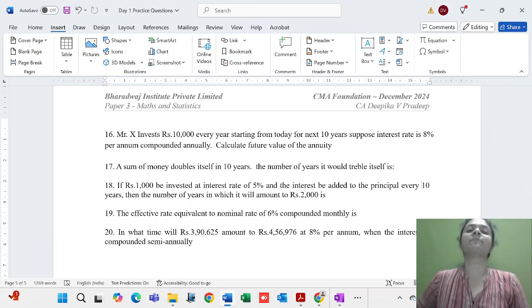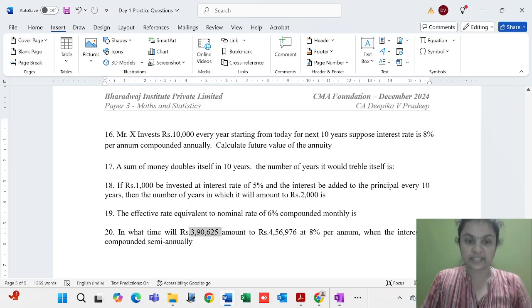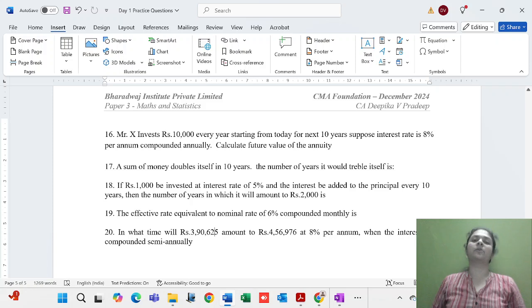Semi-annually means half yearly. So with half yearly compounding, principal is 390,625, amount or future value is 456,976. You are going to calculate n. Remember, here n is multiplied by 2.